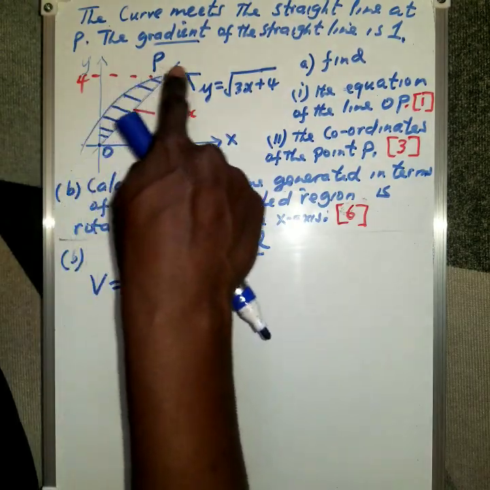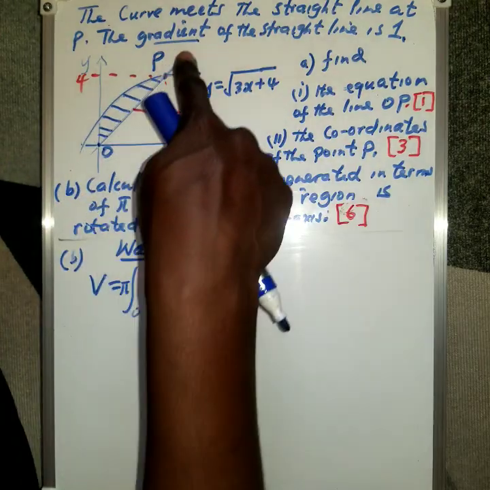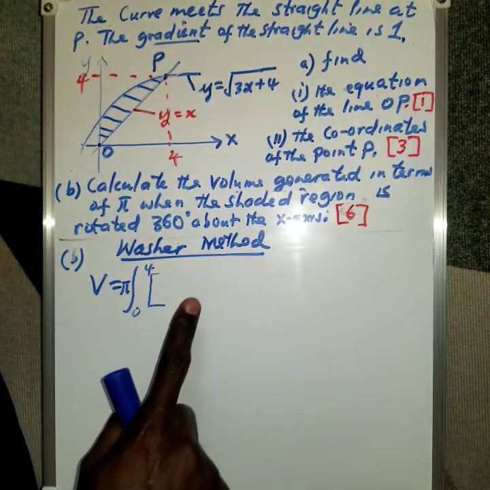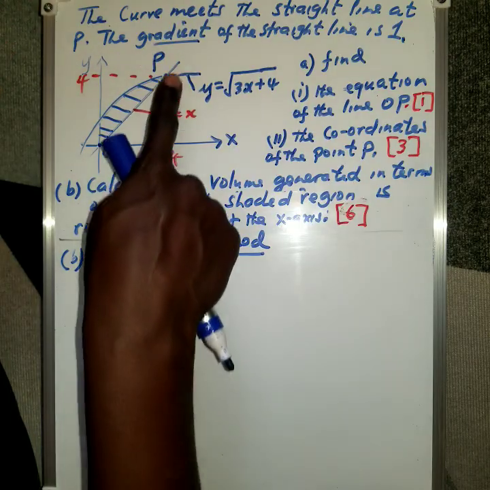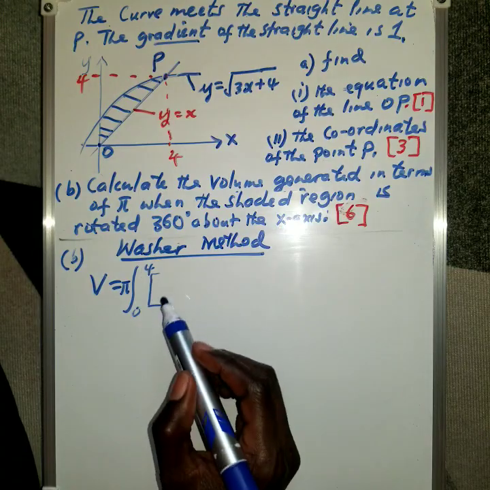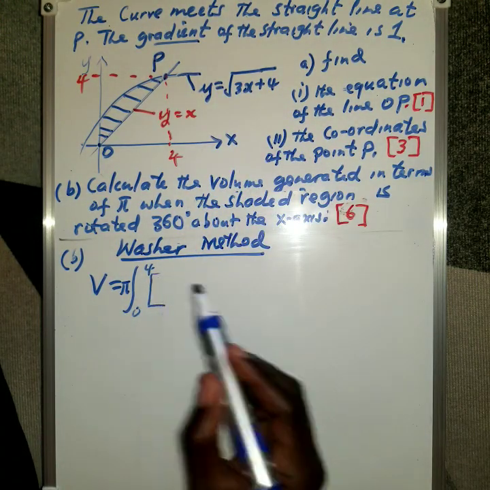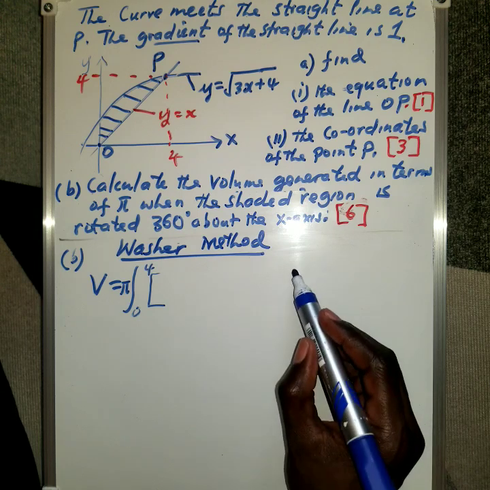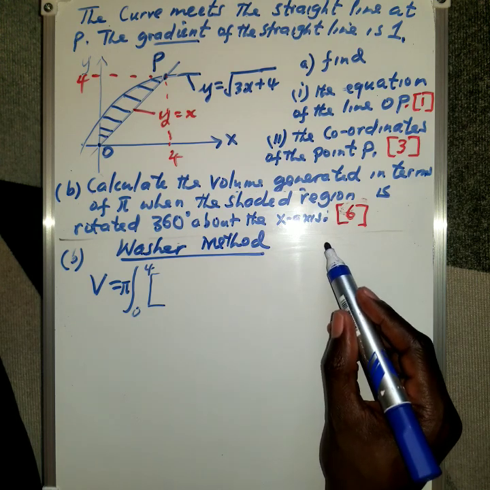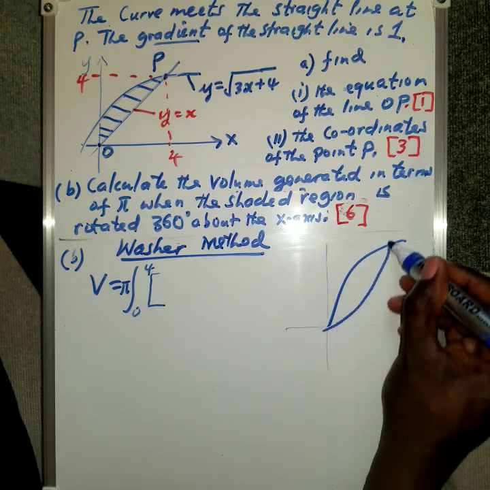Remember, the one that is on top of the other, this one is actually on top, meaning that it is greater than the equation of the straight line. So you start with the one that is above the other, which is that of the curve minus that one. Let me just give you a simple definition. If you have, for example, two curves, let me say that you have that.